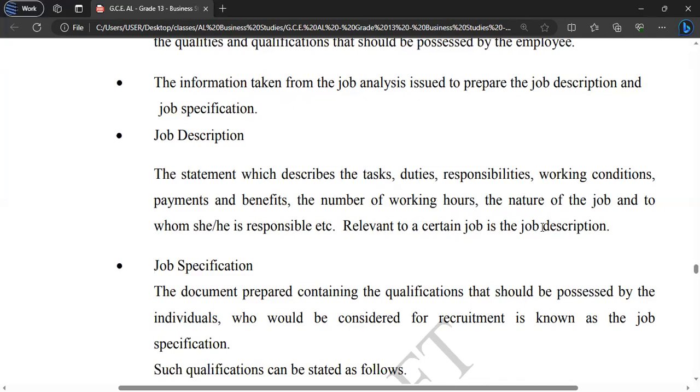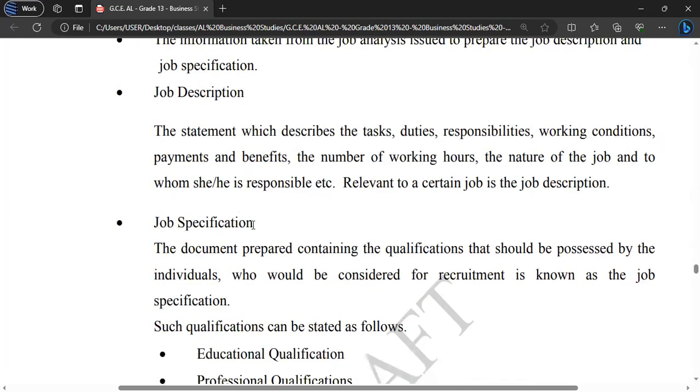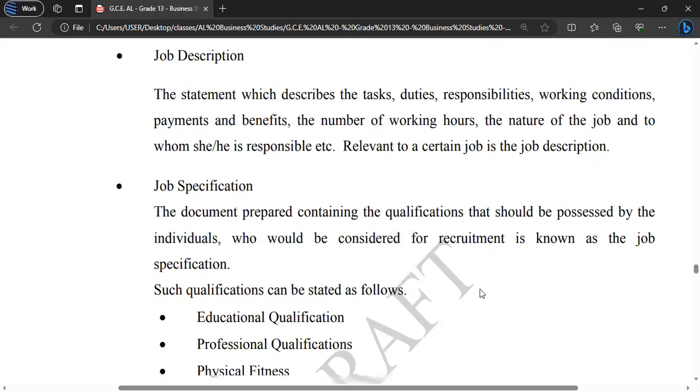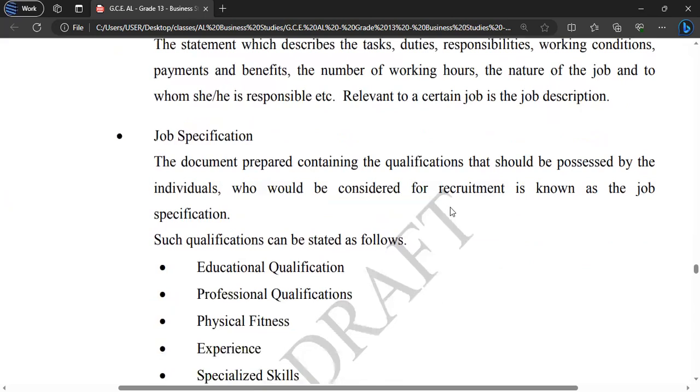Then job specification is a document containing the qualifications that should be possessed by the individuals who would be considered for recruitment. That means if a person needs to be recruited, what qualifications he or she should have, right? These things are specified in the job specification.